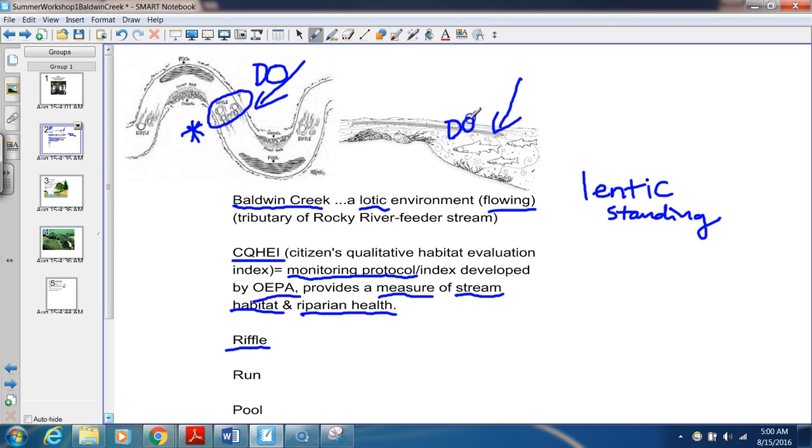These are large aerobic organisms that need oxygen. So they're going to go in areas of the stream just downstream of a riffle, which is right here because it's just shallower. And that's because of the oxygen that's there. Now, not only does it provide oxygen, but it provides some quality habitat for a lot of organisms, especially macroinvertebrates, which I will get into later.